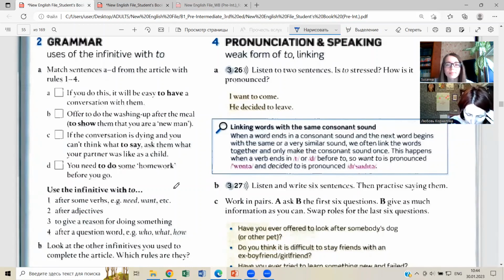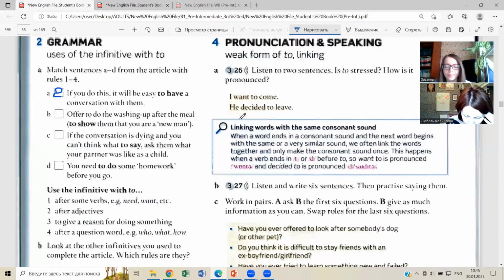If you do this, it will be easy to have a conversation with them. It will be easy. It is after adjective. So this is number 2. Yes. Number 2.